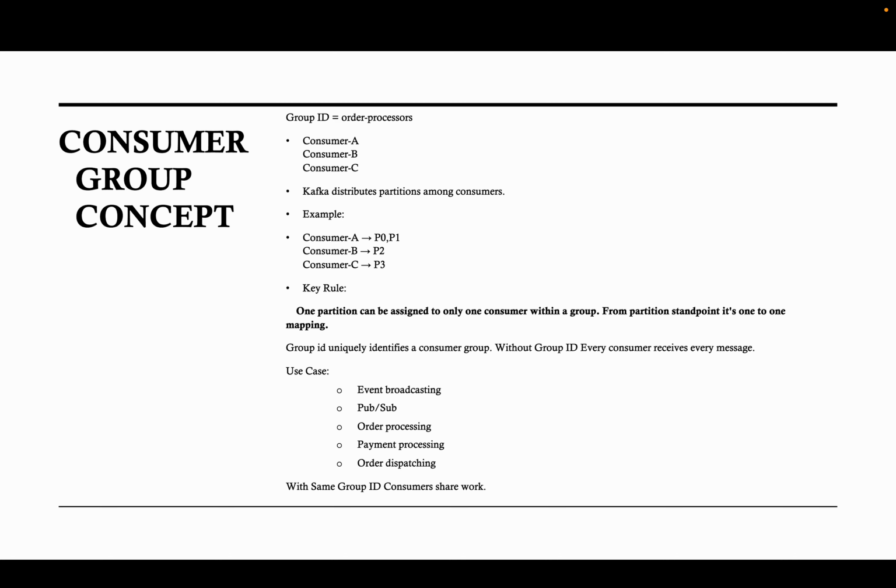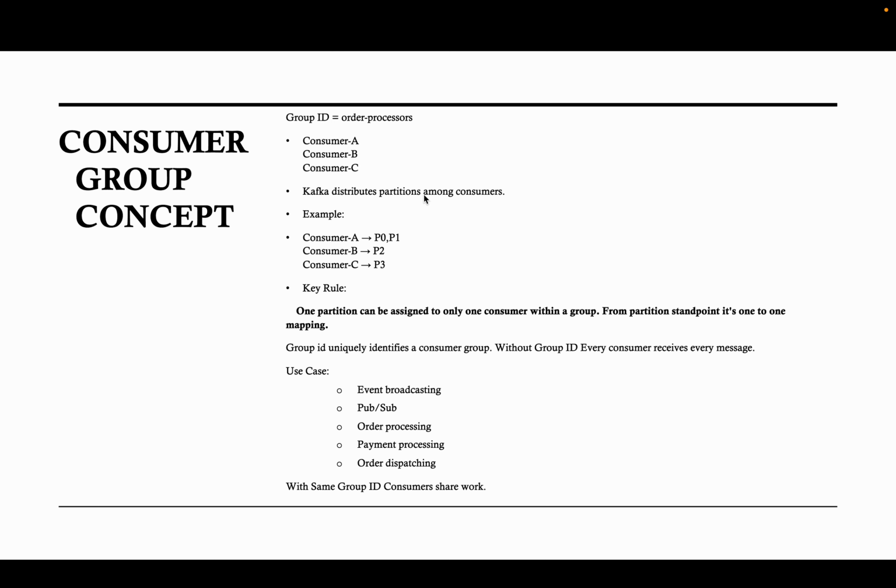Consumers within the group will be assigned partitions, and group ID is the one which uniquely identifies a consumer group. Without group ID, every consumer will receive every message, which we don't want, and that is why every consumer group is given a unique group ID.